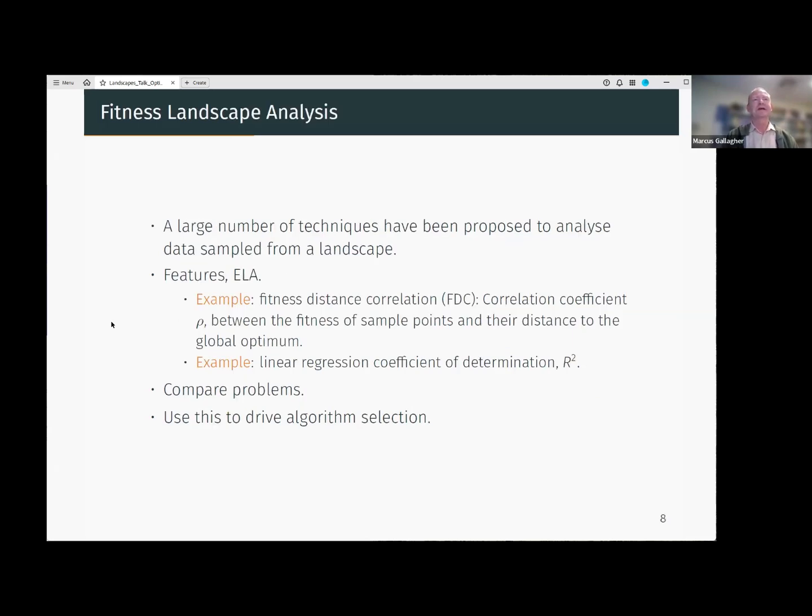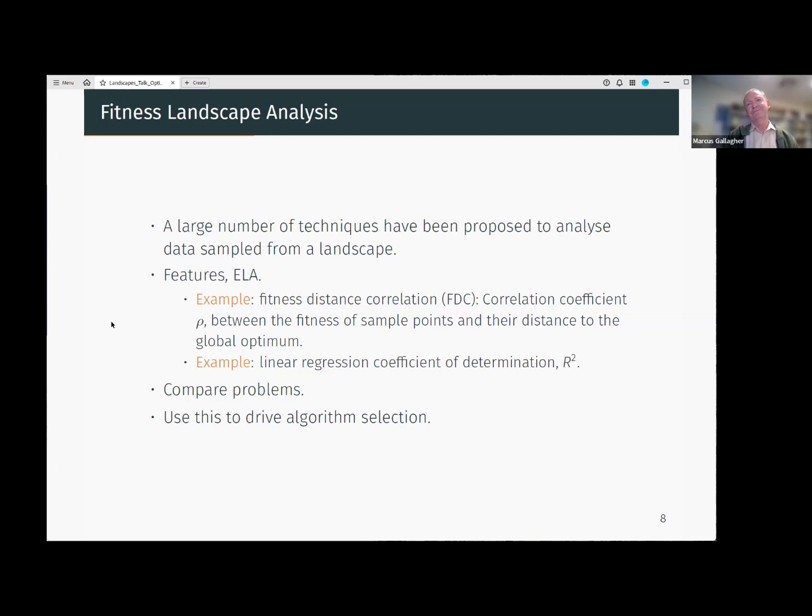All right, so fitness landscape analysis. This area kind of proceeds on this basis, and so many people have proposed to use all different kinds of techniques to try and analyze the data that we sample from a landscape.